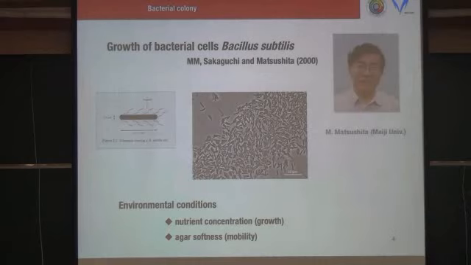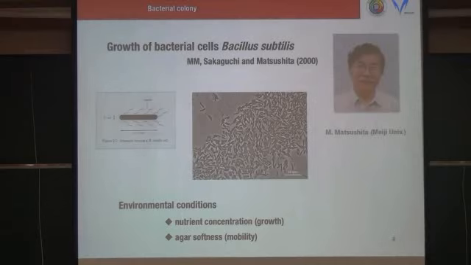For the environment conditions for them, the typical conditions are the following two. One is nutrient concentration. If the nutrient concentration is very high, it's easy to grow and to take the nutrient. Another is agar softness. What does that mean?